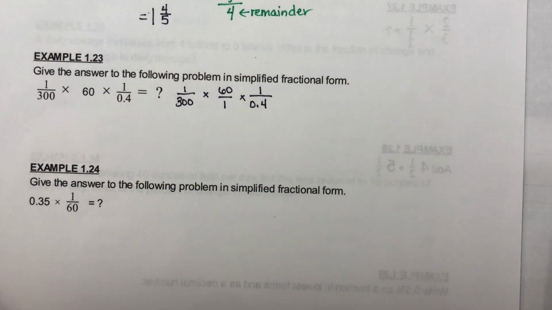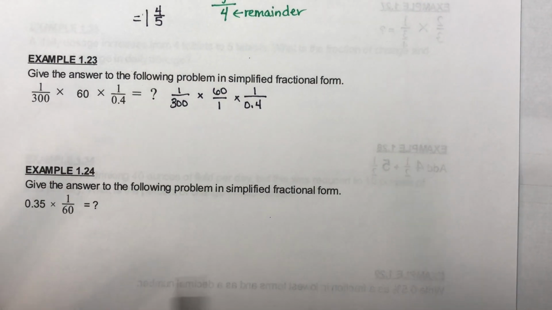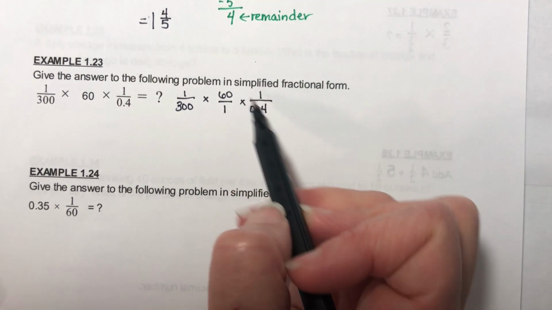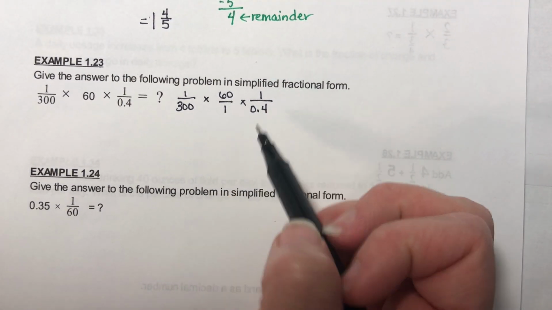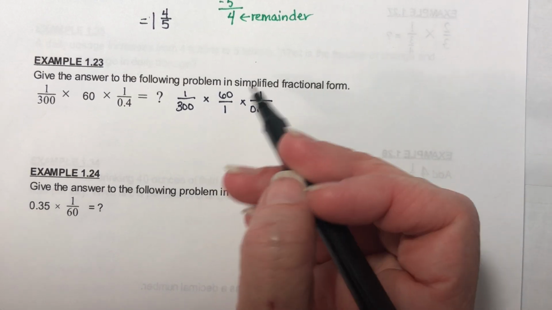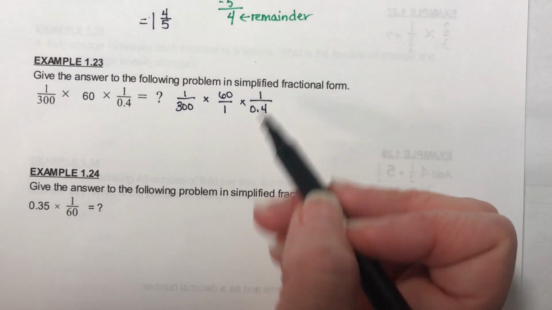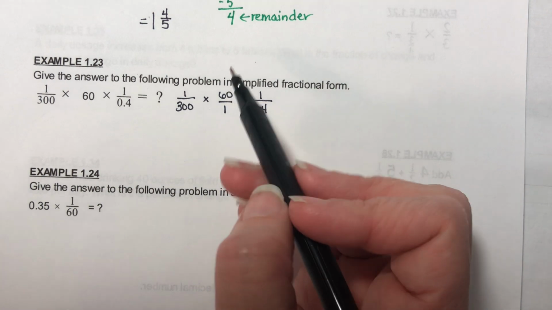Okay, now I see that I have a diagonal that I can reduce on. I don't like having a decimal in here, so even though I could probably reduce the decimal or change this into something else, you have a calculator. I don't see the use in doing that.